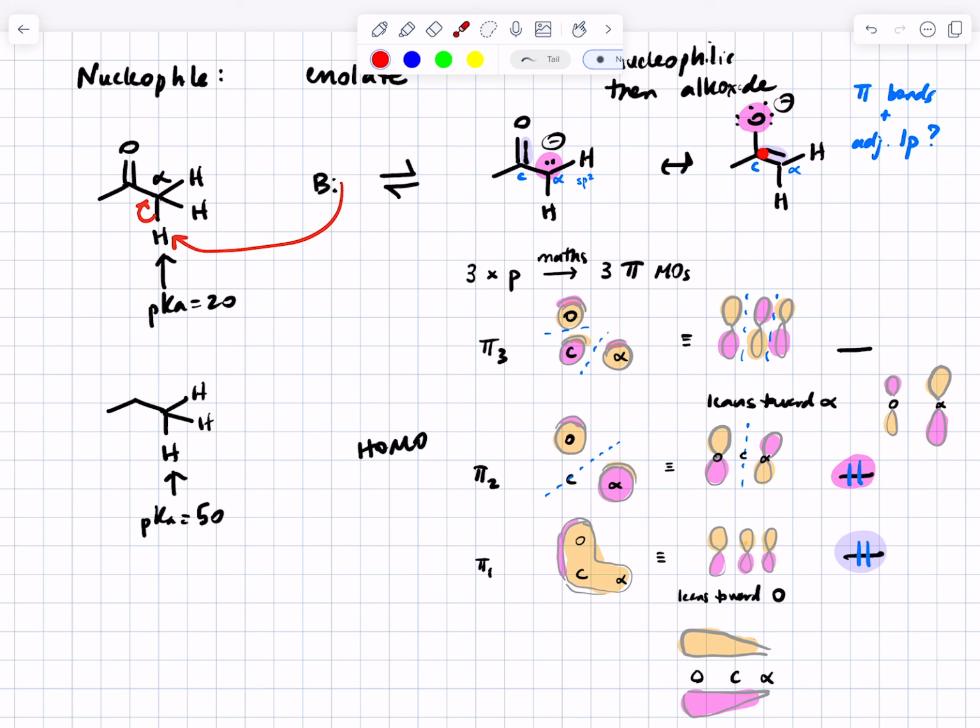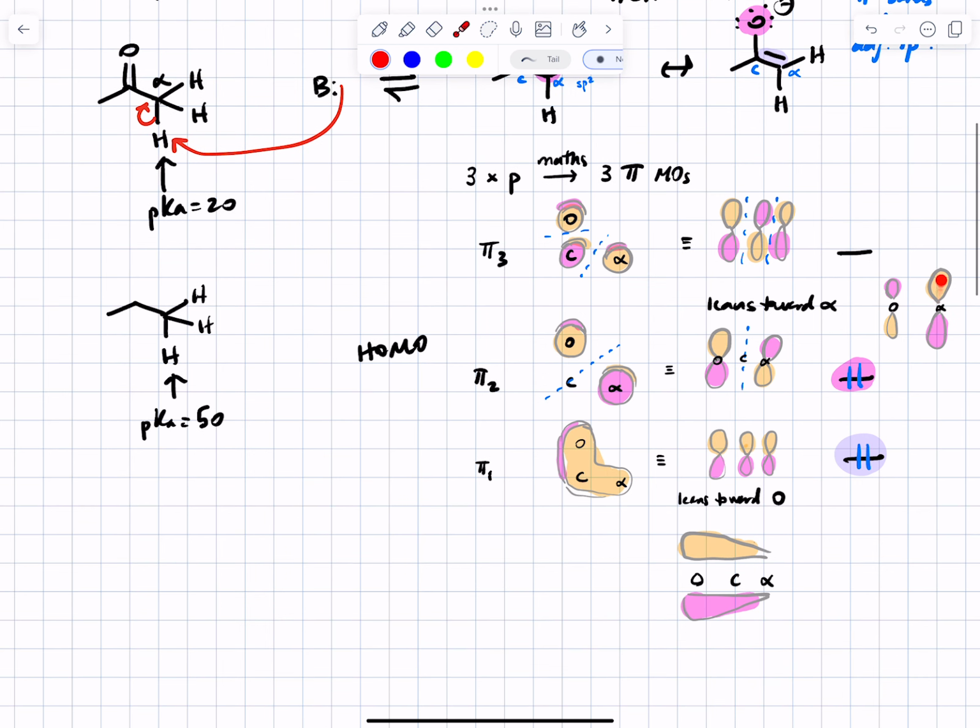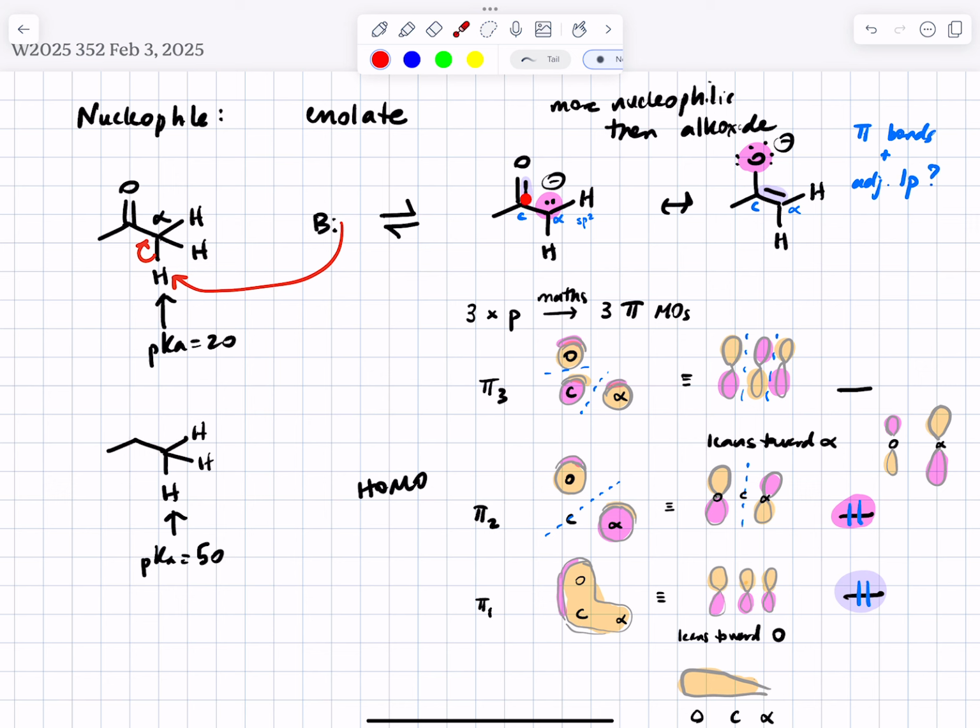Nevertheless, experimentally, we observed that enolates don't react on the oxygen very much. Instead, they react on the alpha carbon. Two rationales for that. One is that the HOMO is mostly on the alpha carbon, and the other rationale for that is, in the end, carbon-oxygen pi bonds are more stable than carbon-carbon pi bonds, so it's a more stable outcome for the enolate to react on the alpha carbon to keep the carbon-oxygen pi bond intact.